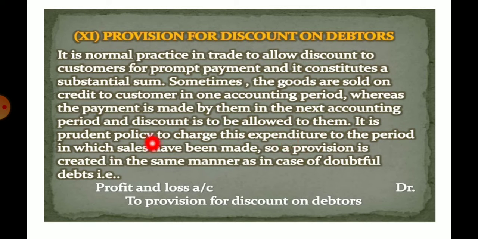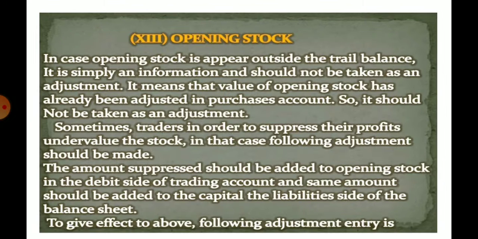It is the prudence policy to charge this expense to the period in which sales have been made. So the provision is created in the same manner as in the case of doubtful debts. So the entry will be profit and loss account debit to the provision for discount on debtors.